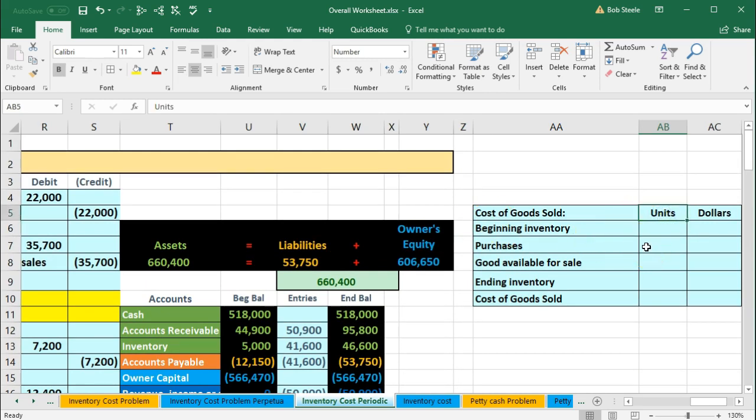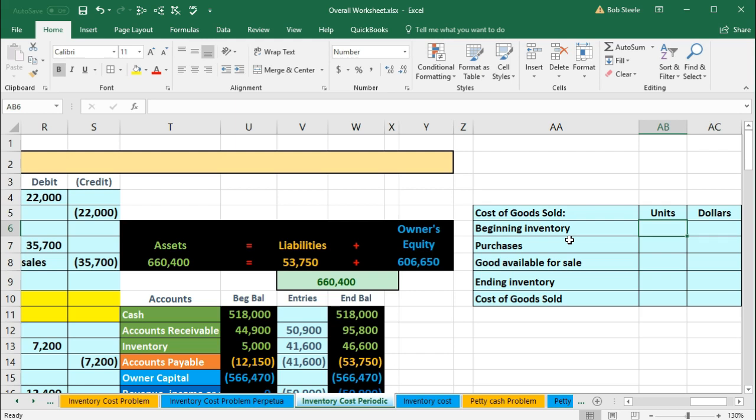One in units, two in dollars. And it's useful and helpful and pretty much mandatory actually to know the two methods and not get them confused, because it's easy to kind of get them confused. We can do them either way. We can think of it's just a conversion method between units and then to dollars. So units are typically easier to think about because when we actually see the inventory, we see them in units.